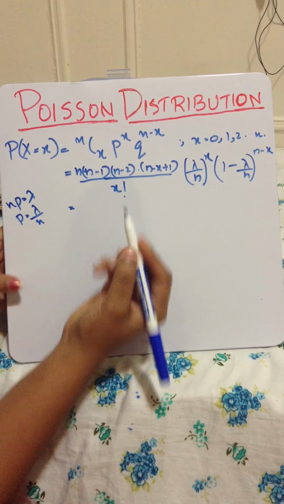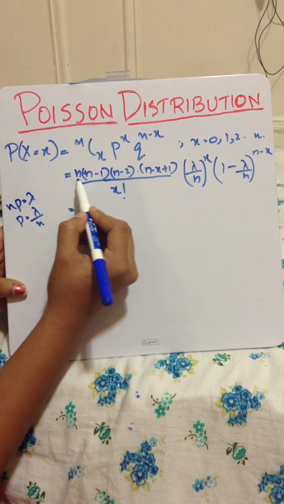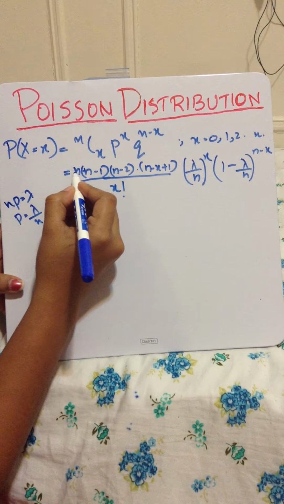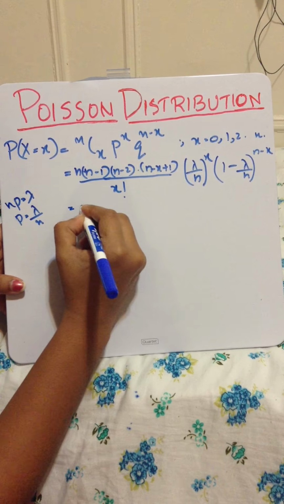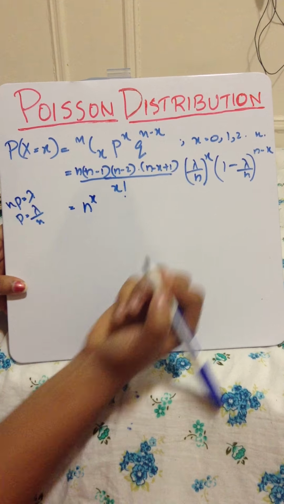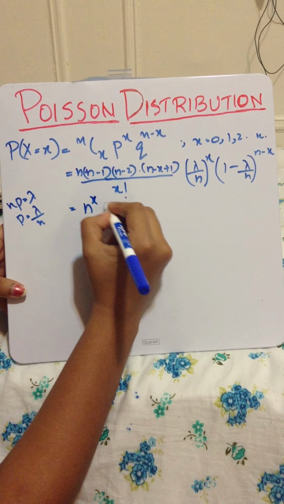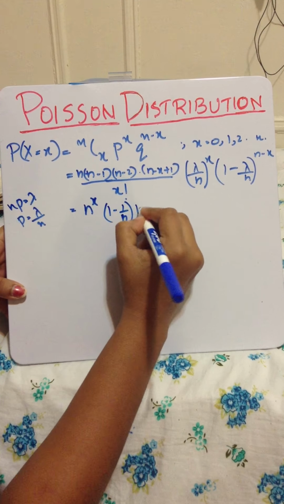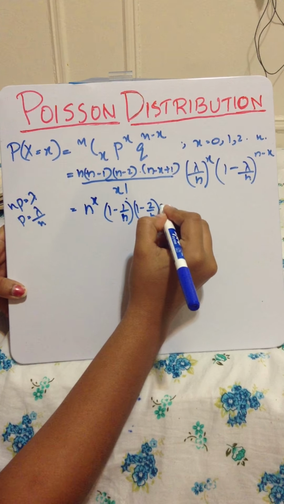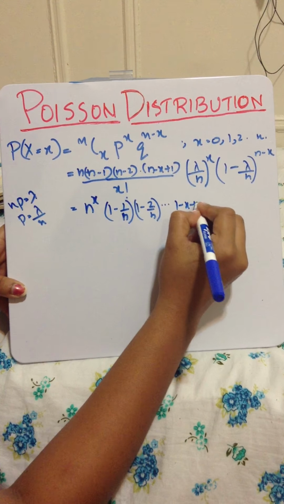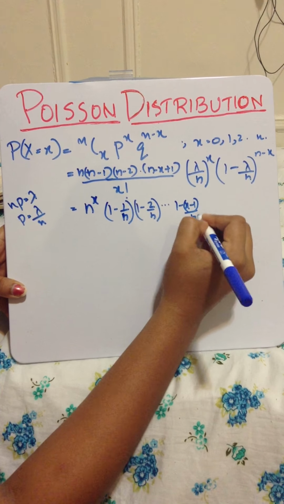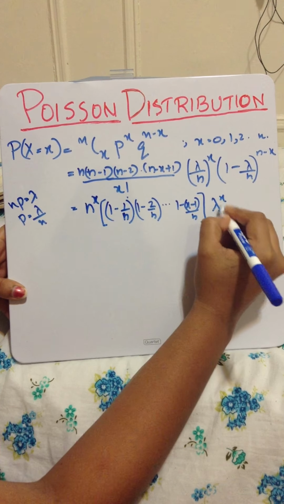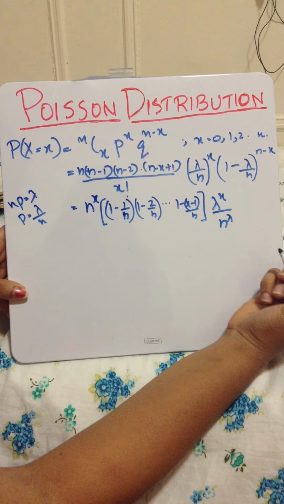From here, suppose I take 1 n from each of these terms, so I'll take out 1 n from this, 1 from this, 1 from this. So finally I'll have n raised to x into 1 minus 1 by n, 1 minus 2 by n, etc., 1 minus x minus 1 by n. I can just write this as lambda raised to x by n raised to x.